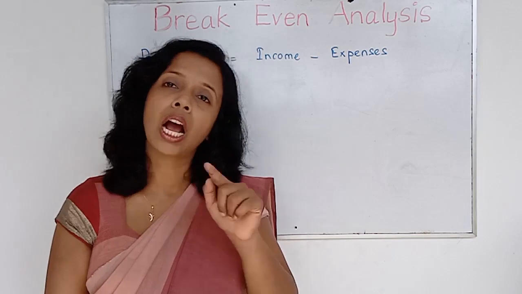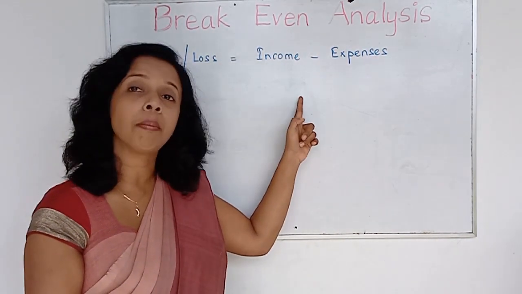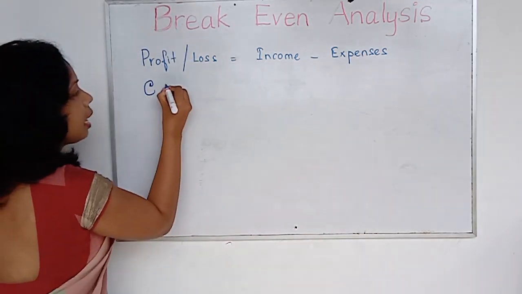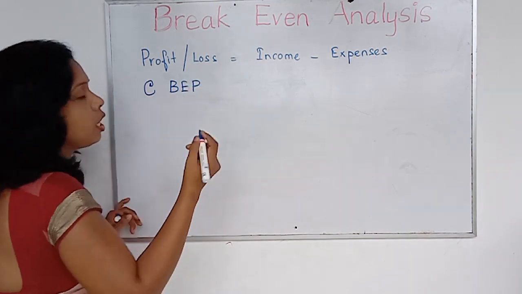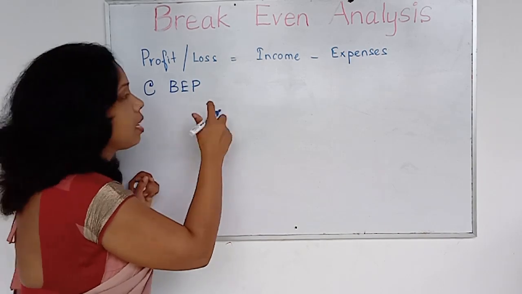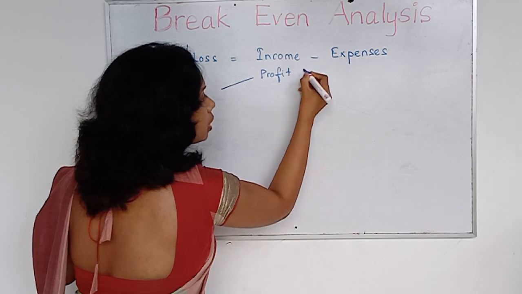Okay, now tell me, how do you calculate profit or loss? Simply, it is income minus expenses. I told you, at the break-even point, the point where you are going to cover your expenses, you don't have any profits, right?